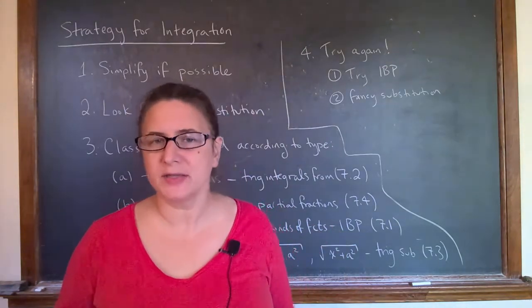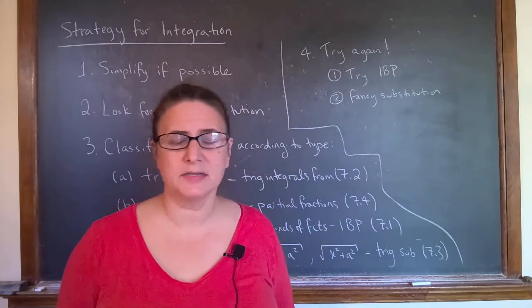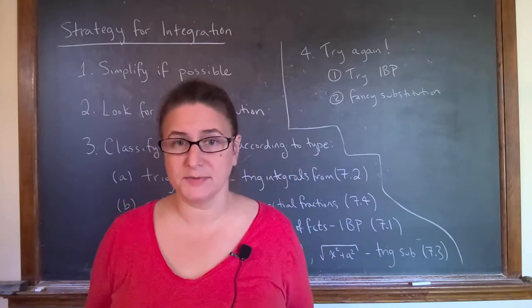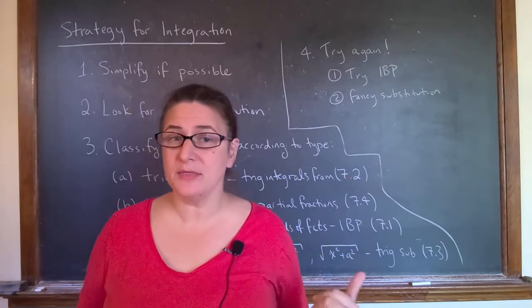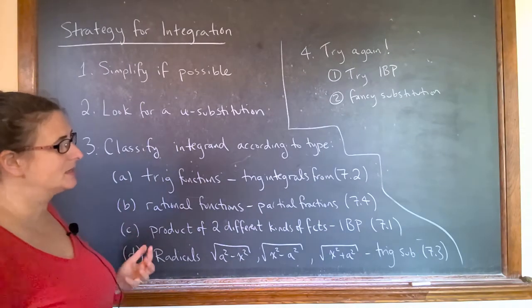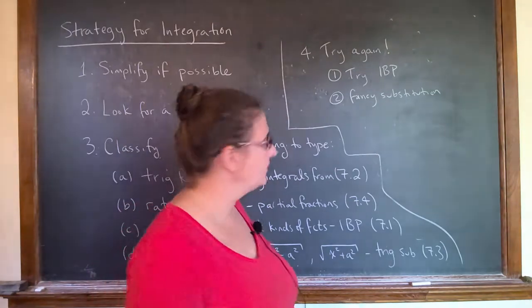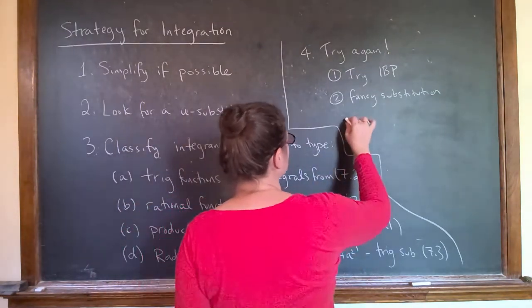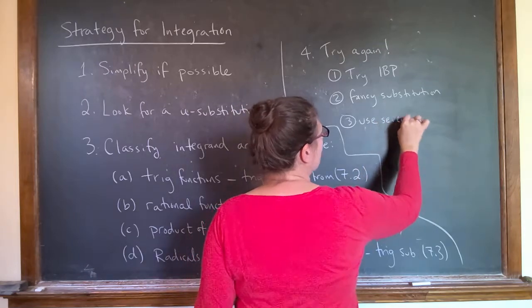Not that fancy, but like on the last worksheet, we had some where you first did a u substitution with sine or e to the x or something, and that turned it into something that you could do one of these with. That's the kind of thing I'm thinking of. Multiple techniques, which also is one of these, would be use several methods.